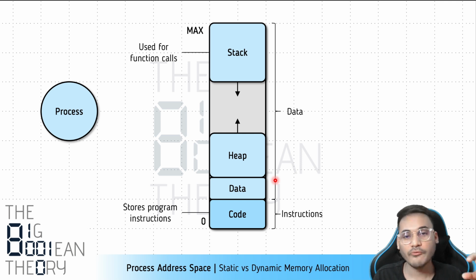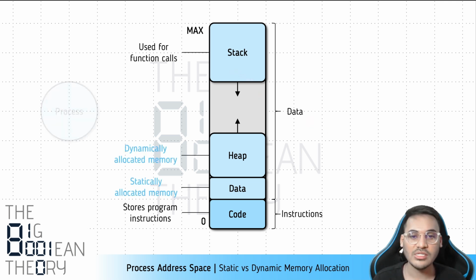We know that the stack is used for the execution of the functions, right? It has this dedicated purpose for executing the function calls. But from the perspective of data storage, it is also a place where the local variables and the arguments, basically all the data that is associated with the function, goes into the stack section. So the point that I'm trying to tell you is that only the code section contains instructions. The rest of the sections contain some type of data.